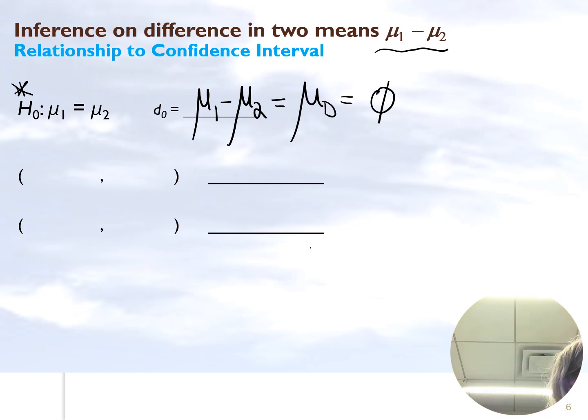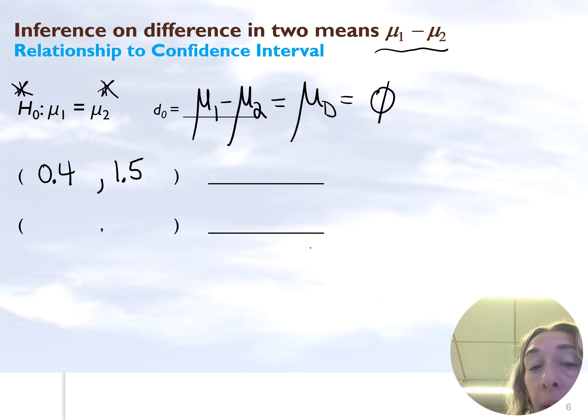Okay, so let's say I happen to calculate a confidence interval of 0.4 to 1.5 associated with this particular hypothesis test. 0 is not included in that confidence interval, right? 0 occurs before 0.4.